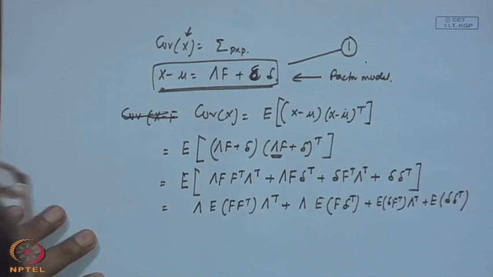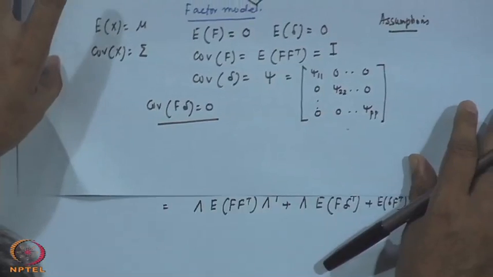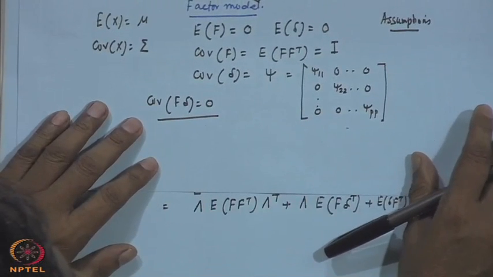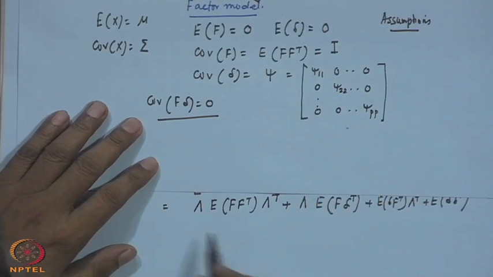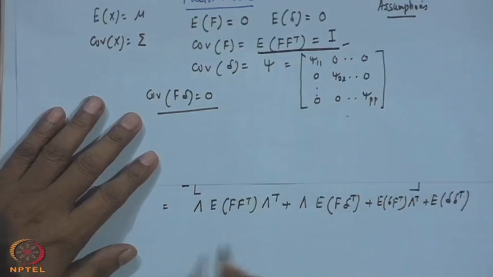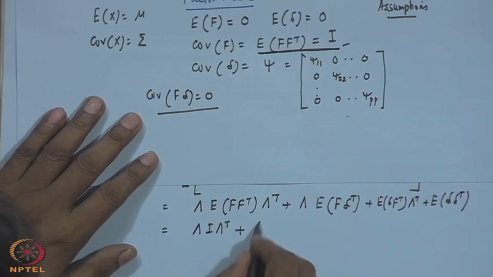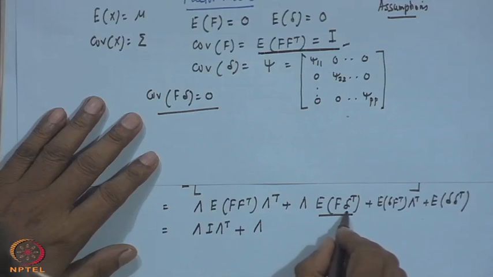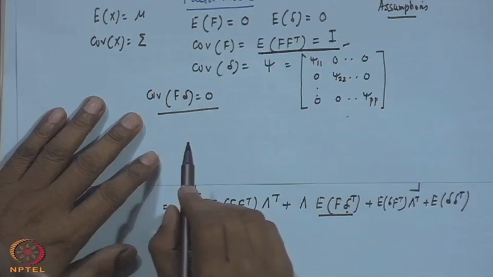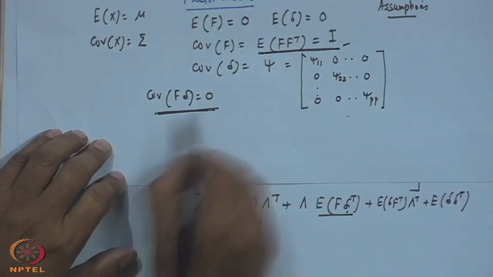Now, you have to see the covariance with these assumptions. Okay. So, I am putting the assumptions parallelly here. The assumption is expected value of f f transpose is I. So, I will put like this, lambda I lambda transpose, plus lambda expected value of f and delta, which is 0.